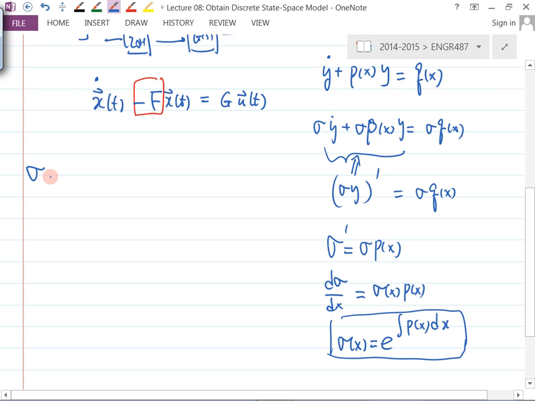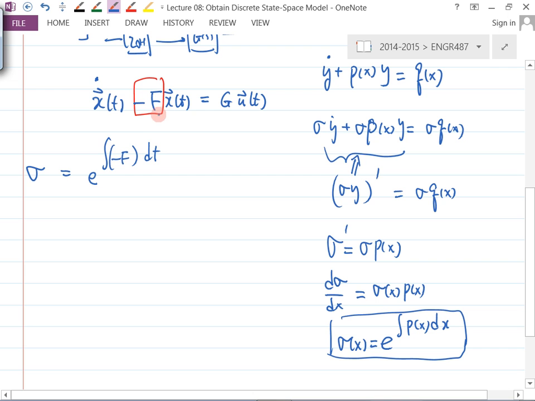So for this differential equation, what is sigma now? It's not going to be a scalar, but if I just use this notation here, it's actually e to the power of the integral of p of x, which is negative f, and x in this case is t, so dt. And the other thing is, f here is a matrix.